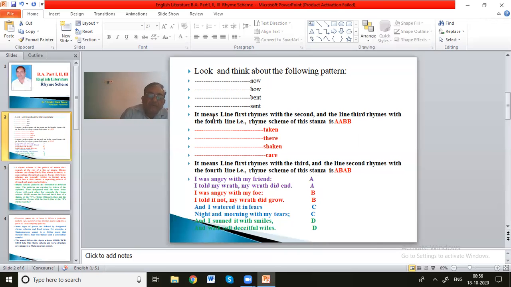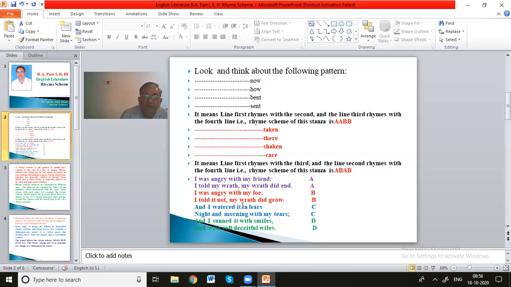And now some examples. "I was angry with my friend. I told my wrath, my wrath did end." Both the last sounds match, so we can say these are A. "I was angry with my foe.